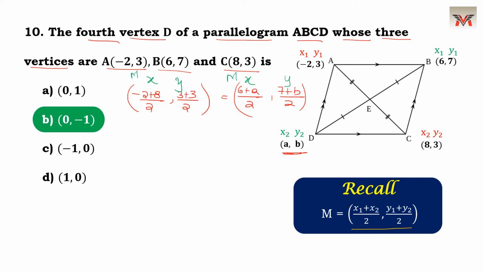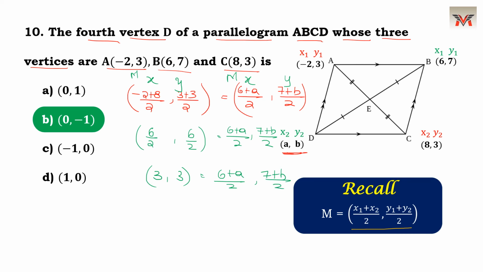Okay, so here it becomes (8 plus minus 2), that gives you 6 by 2 comma 6 by 2, which is equal to (6 plus a) by 2 comma (7 plus b) by 2. This becomes what? 6 by 2 is 3, so 3 comma 3, which is equal to (6 plus a) by 2 comma (7 plus b) by 2.